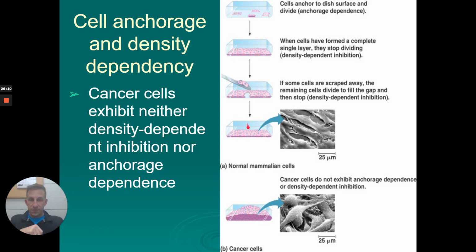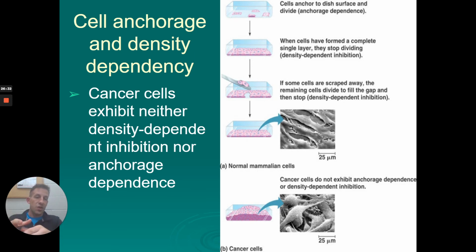And so then it fills in the gap, and then it says, okay, we're done, we filled the gap. Send out that density-dependent inhibition signal for everybody to stop, okay? That's how normal cells exhibit density dependence or anchorage dependence. They have to be attached to something to divide, and then they have to be comfortable with the amount of cells that are there, okay?